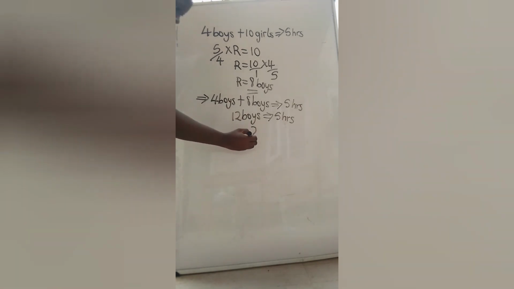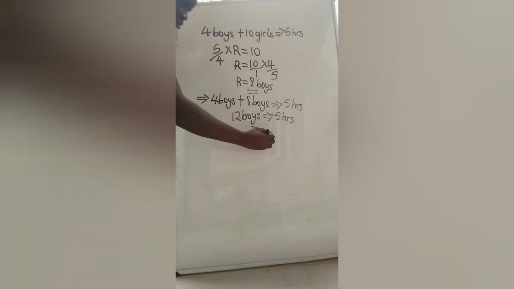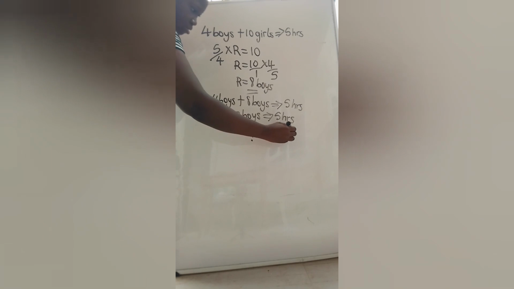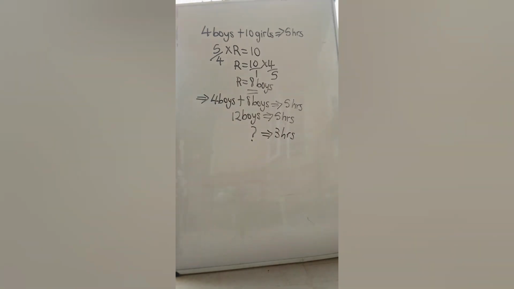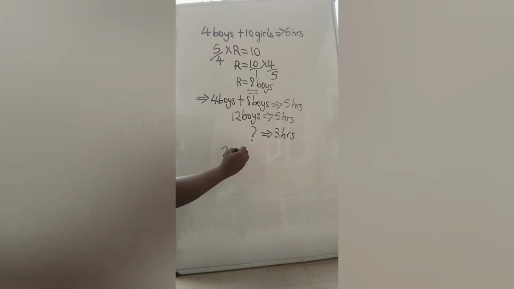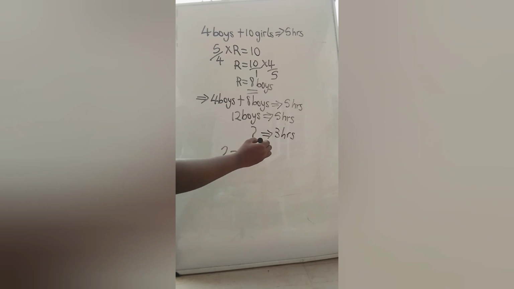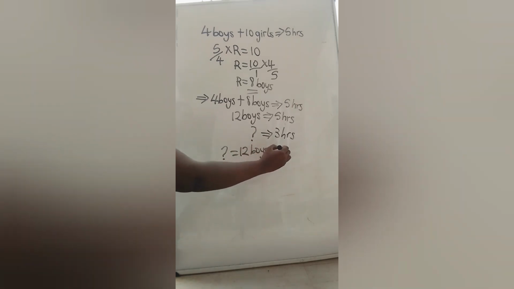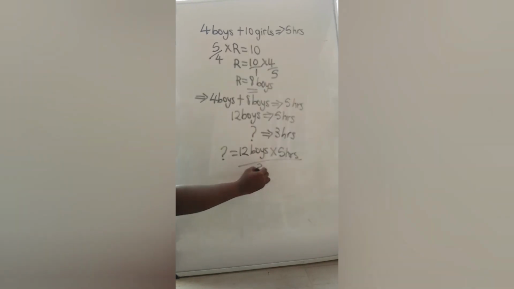Since 12 boys can do this job in 5 hours, how many boys can do the job in 3 hours? In order to find it, we continue. 12 boys times 5 hours all over 3 hours.